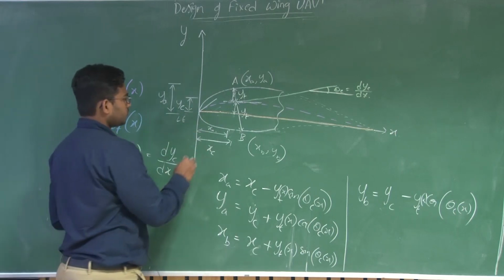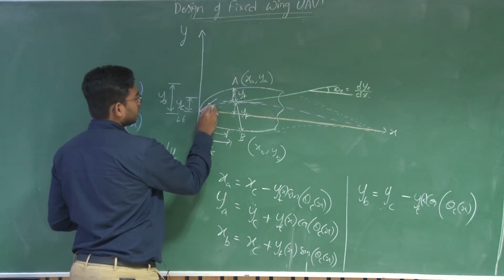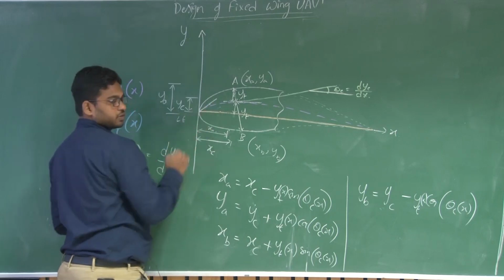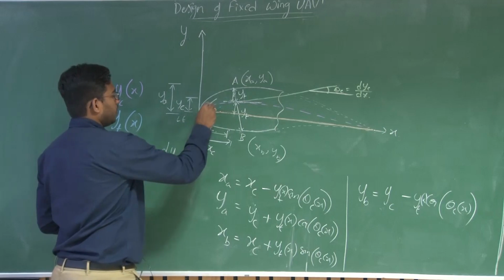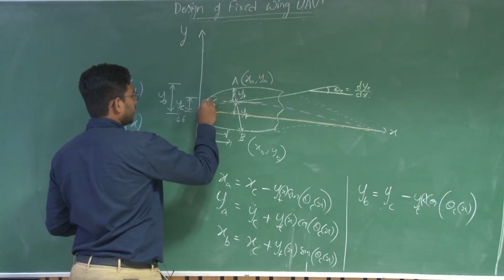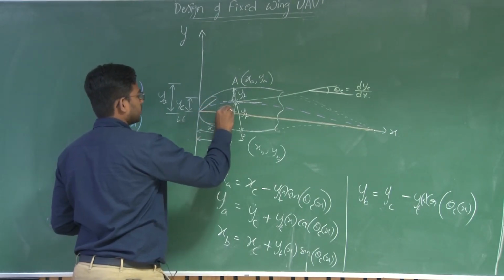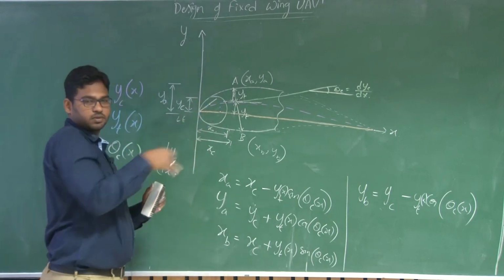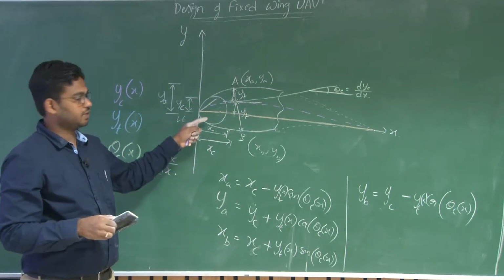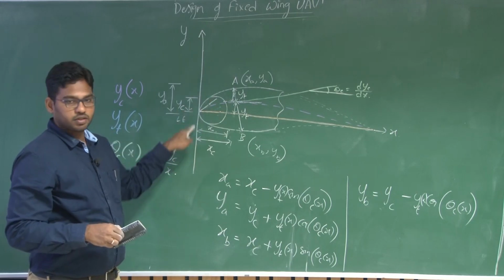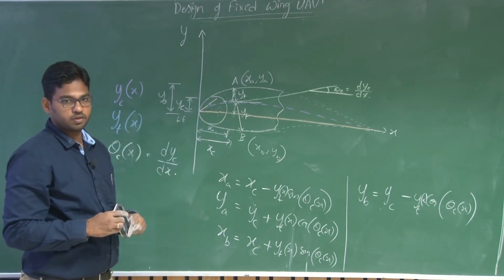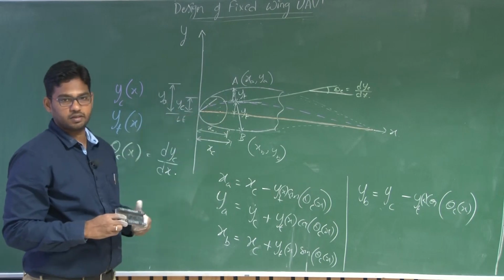Now measure the radius along this chord line and draw a circle using that point as a center. Although it is not exactly the same, draw a circle so that it becomes tangent to the upper and lower surface. So this becomes the leading edge radius.